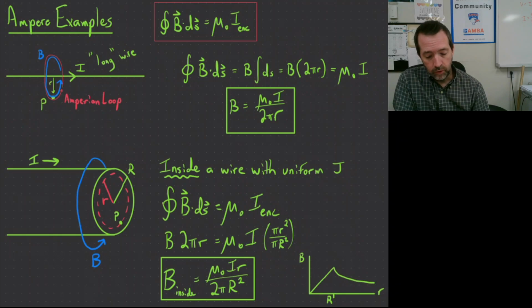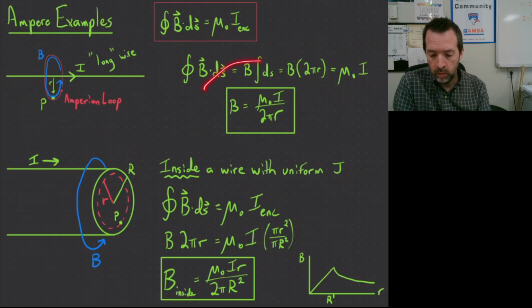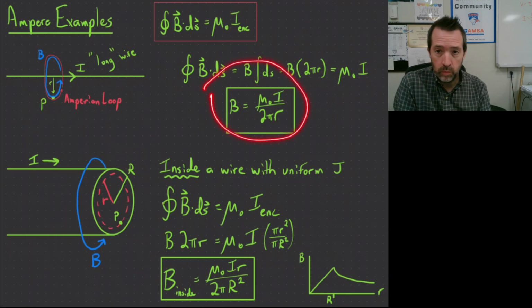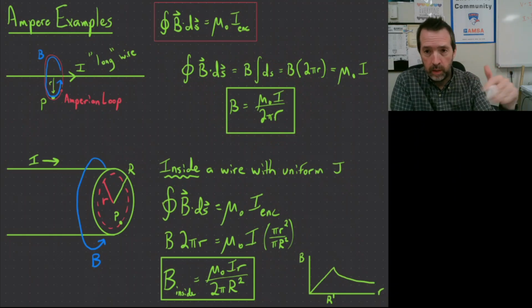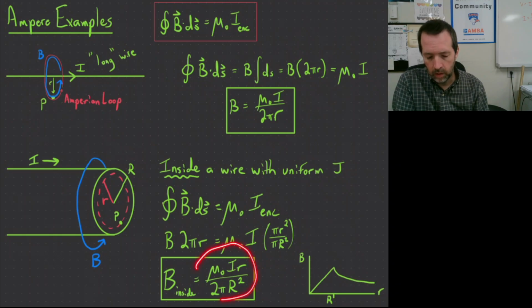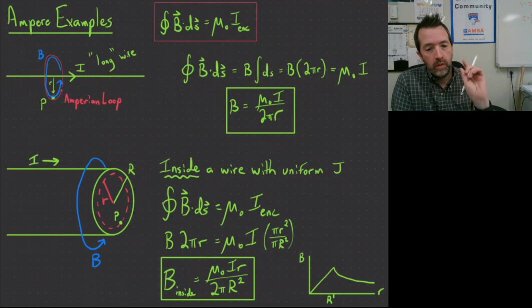And this again should give you some Gauss flashbacks, where if we're outside of the wire, which is basically what the top result was about, I have a 1 over r to some power sort of thing. And if I'm on the inside, I have little r in the numerator and big R in the denominator. It still works out to the same units.